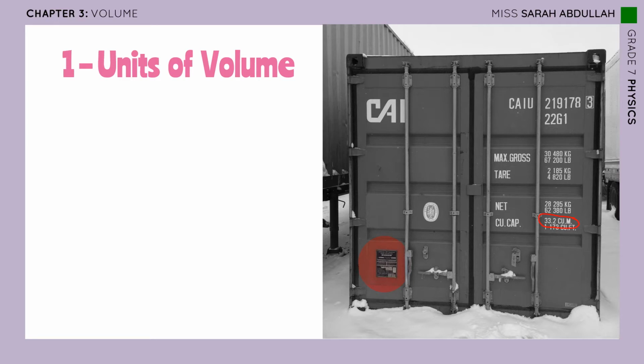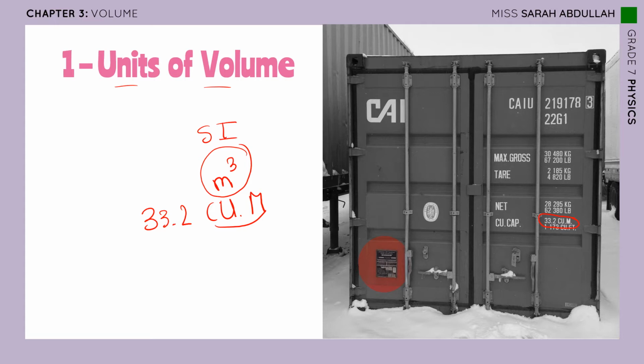So it says 33.2 CUM. It means a cubic meter. This means meter cube. So meter cube is a unit of volume. Okay, so this is the first unit. And we already said it is the SI unit of volume.